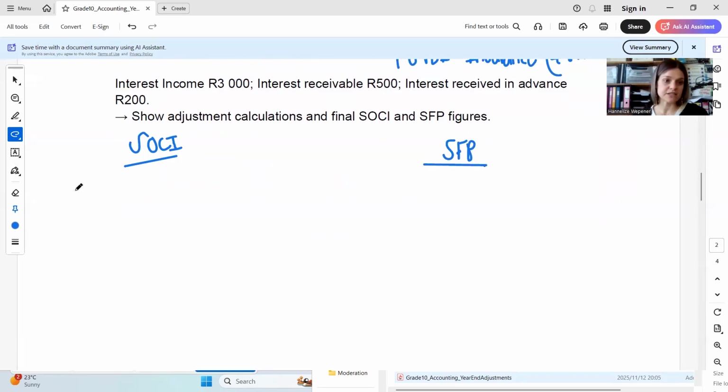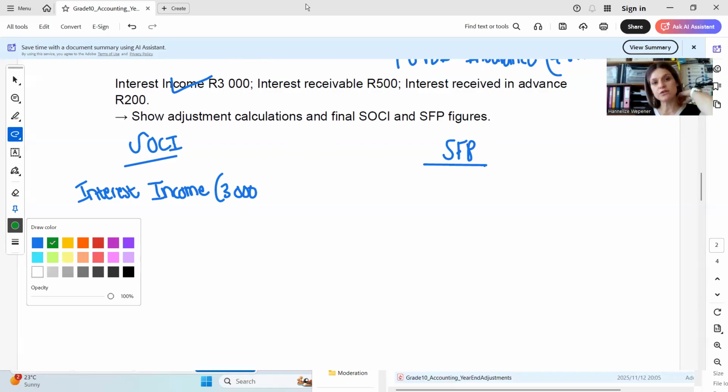So interest income is our starting point because they are saying that according to your pre-adjustment trial balance, you have interest income and it is currently at 3,000 Rand. That's what you are showing now, right? So we have that piece of info. It then says that you have interest receivable 500 Rand.